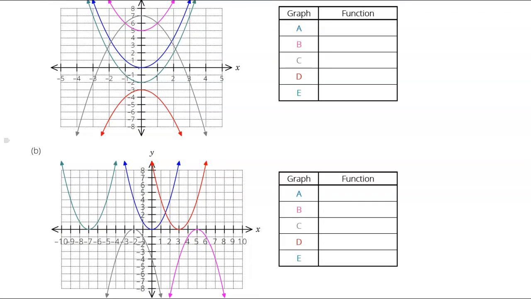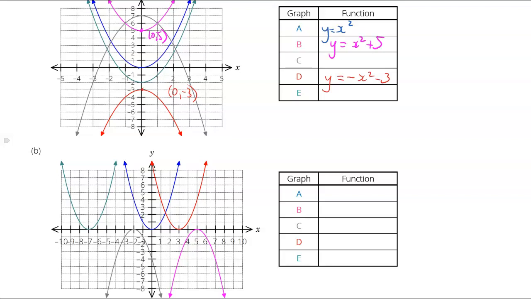Graph A, turning point (0, 0), that's just y equals x squared. Graph B, turning point is (0, -3). Well, that's not B, that's D, sorry. I can't even see my colours. y equals x squared take 3. The pink one has a turning point at (0, 5), so y equals x squared plus 5.